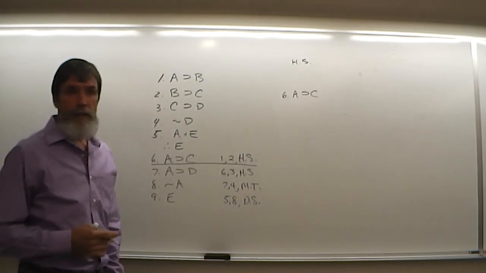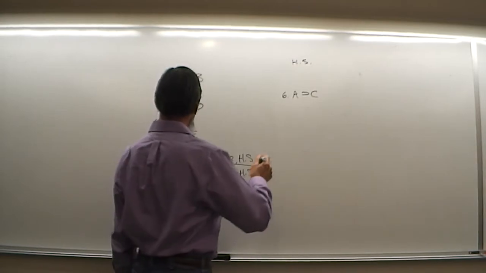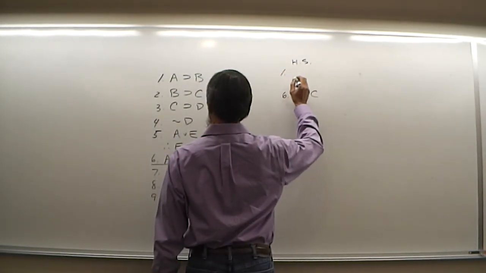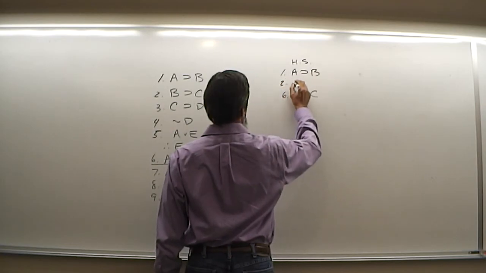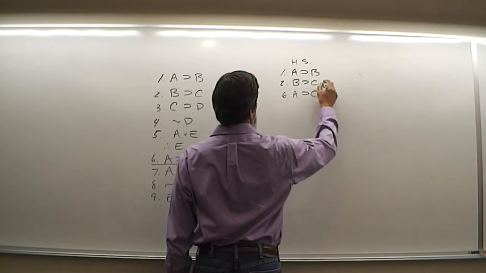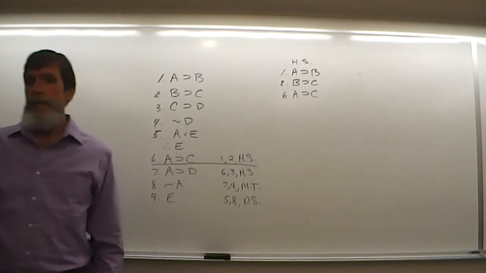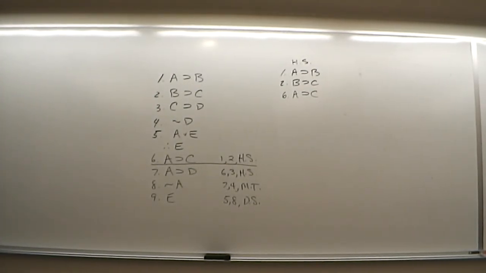So look at your hypothetical syllogism in your book or your notes, and you'll see that that is, in fact, what is happening. You should all recognize that as a substitution of hypothetical syllogism.